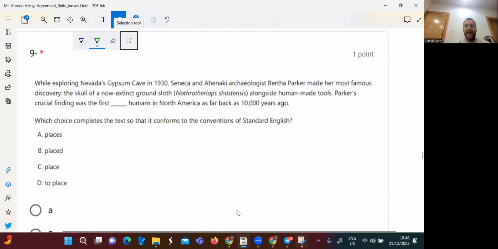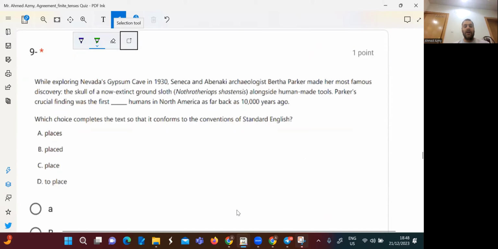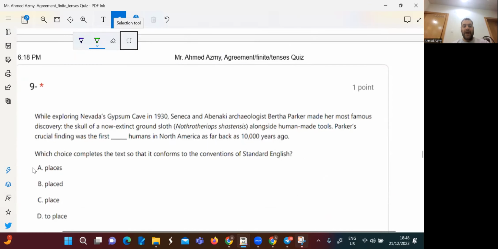Okay. Now, we have finite present, finite past, present, and non-finite. I will start with Parker's crucial finding was the first. Where is the subject here? Yes.